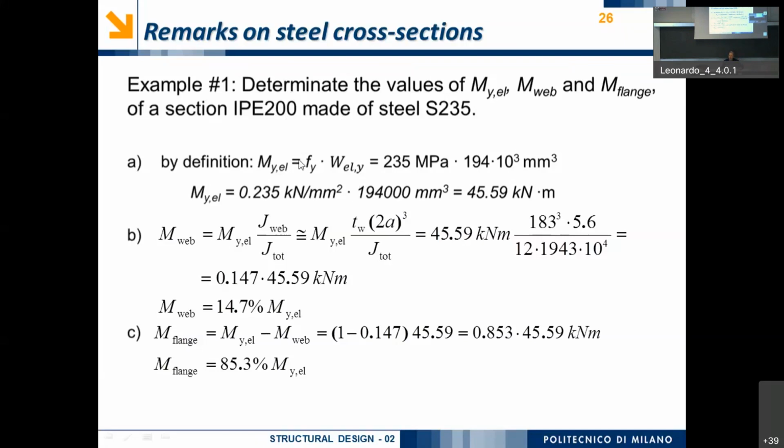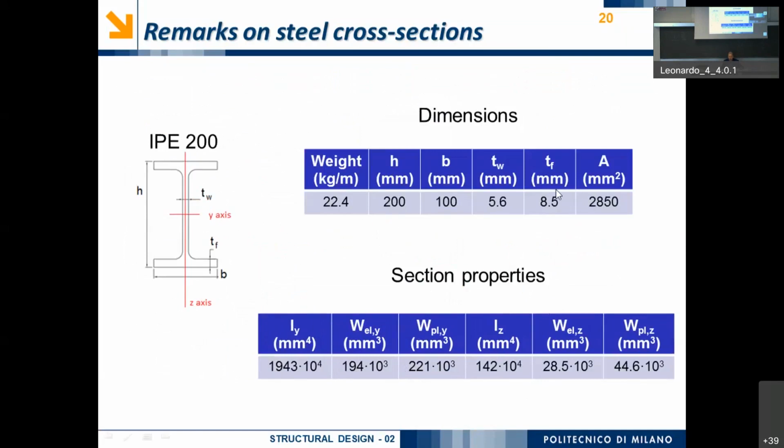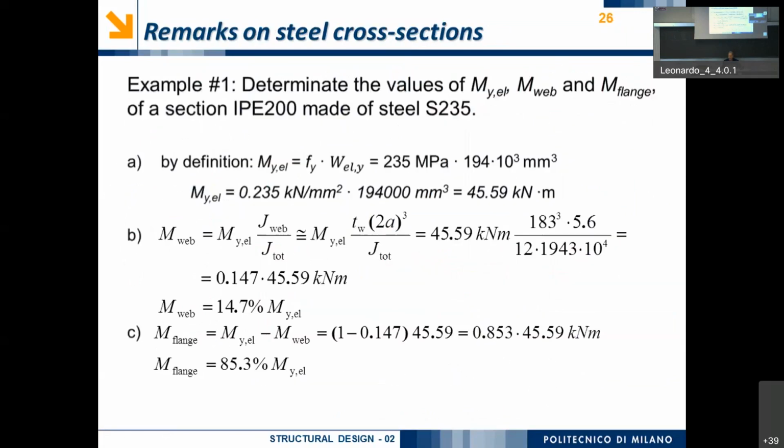So what I have to do is to take the value of the yielding stress, 235 Newton per square millimeter, which is equal to 235 megapascal, times the value of W_el, and the value of W_el for this cross section is 194 times 10 to the power of 3. And so I will have this value.